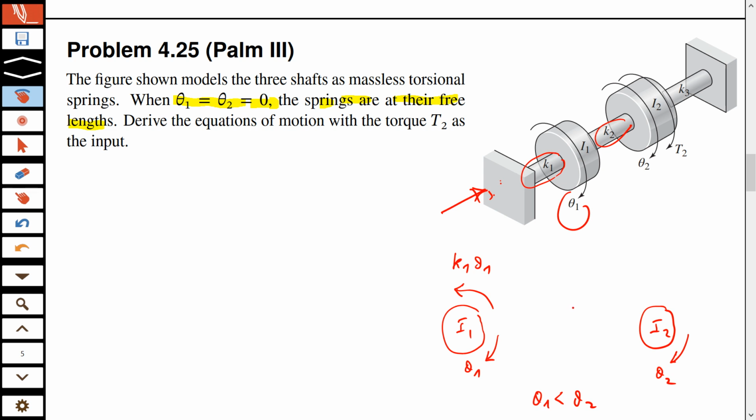So it will push the spring in this direction, and the restoring torque from K2 will be an opposite of that. So it will be K2 times theta2 minus theta1. Remember, I'm assuming theta2 to be greater than theta1.